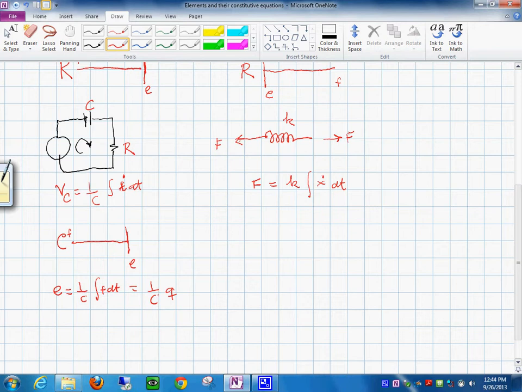So also that dQ dt is equal to F. These are the two constitutive equations of this element.